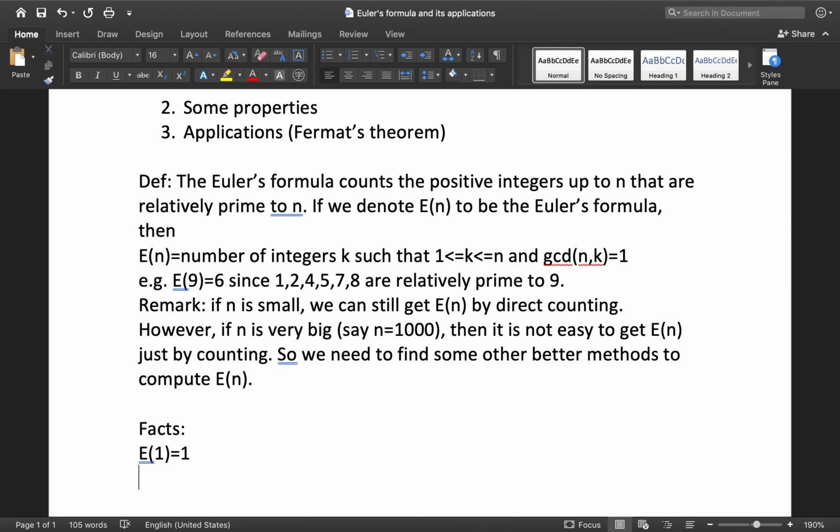Now, for example, if you have a prime number p. Prime number is a very special case, in fact, and that is very important in our computation as well, because prime number can save us a lot of time, because it has some very simple properties.